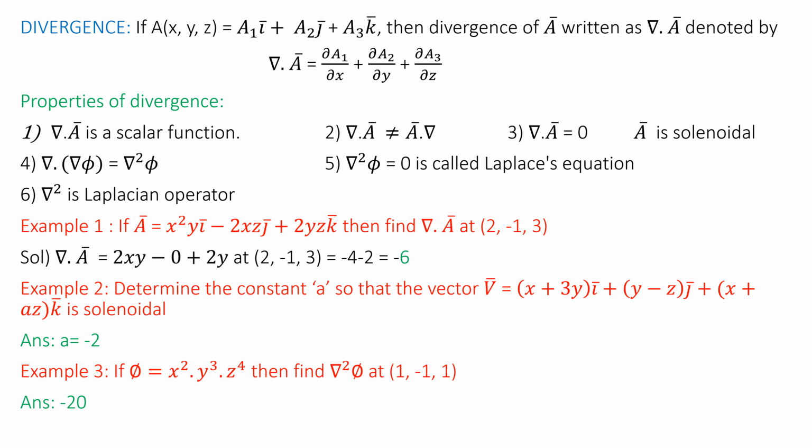Example 1: if a bar is equal to x square y i bar minus 2xz j bar plus 2yz k bar, find del dot a bar at the point 2 comma minus 1 comma 3.